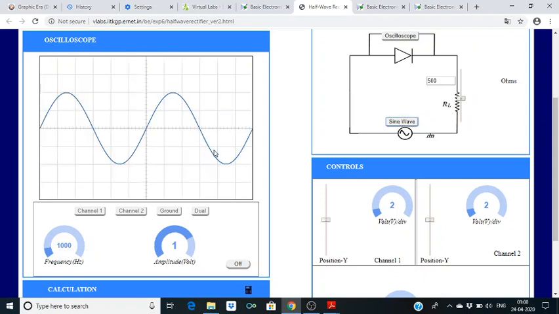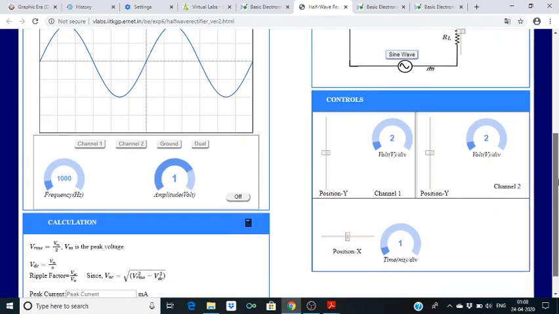By clicking on the sine wave, from here you can find the peak voltage Vm, and the control panel is here for the oscilloscope. This is for moving channel 1. We are using two channels, channel 1 and channel 2. If we press dual, both the channels will appear.